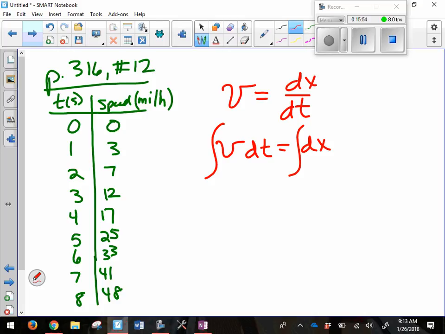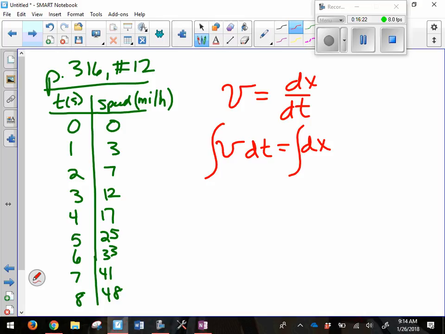So what am I interested in here? What's my time interval that I'm interested in here? Which seconds? We only know at this point in our lives how to deal with a definite integral.